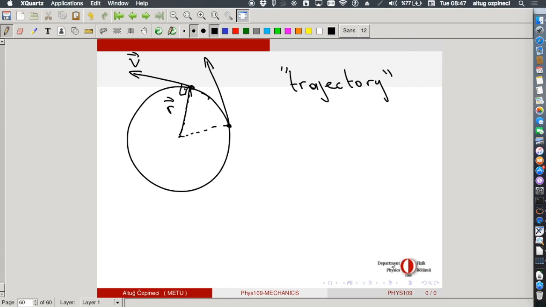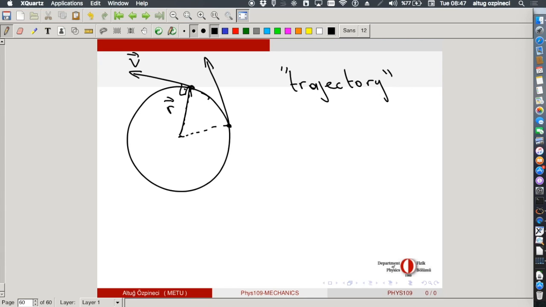Is it nearly or exactly? My claim is that the velocity vector is always exactly perpendicular to the radius vector. How do you know that it's exactly? Well, your friend started on the right track.